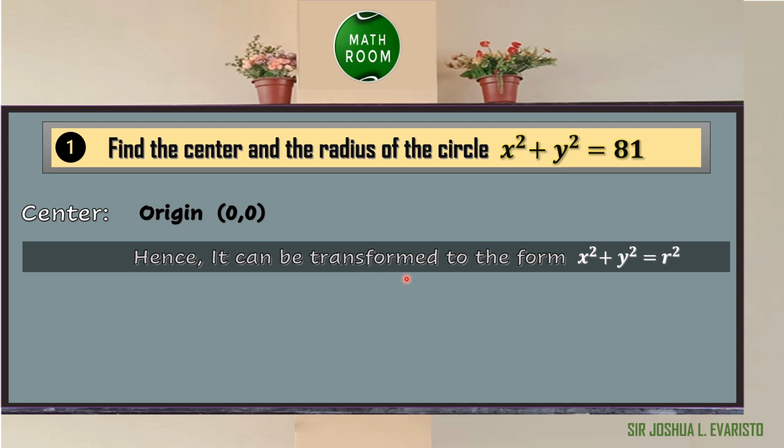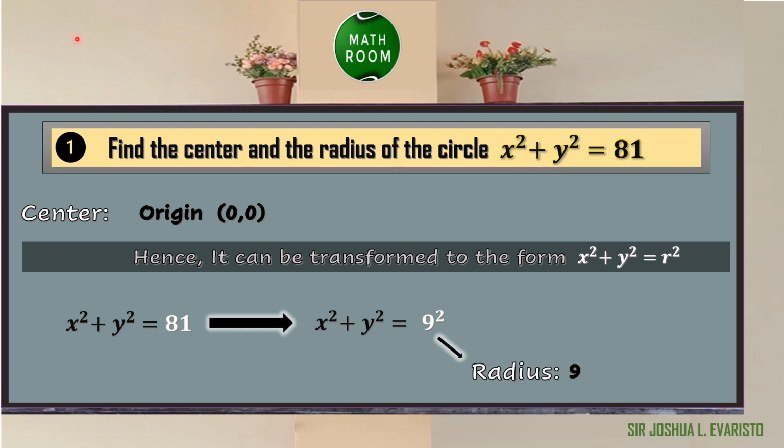Hence, it can be transformed to the form x squared plus y squared is equal to r squared. So our equation can also be written in the form x squared plus y squared is equal to 9 squared, since the square root of 81 is 9. So the radius is equal to 9.